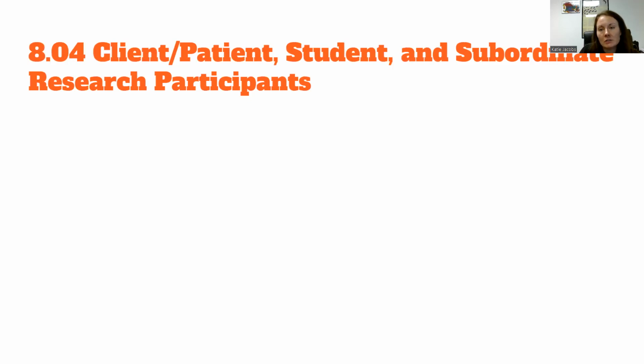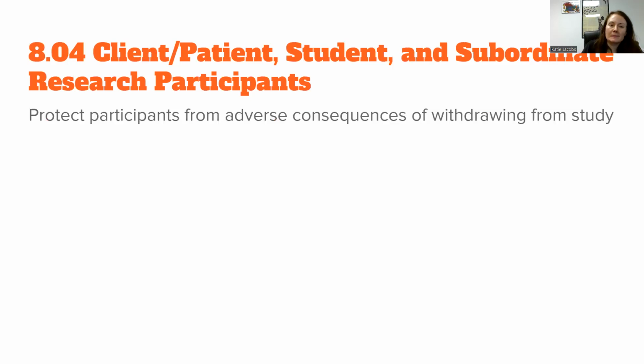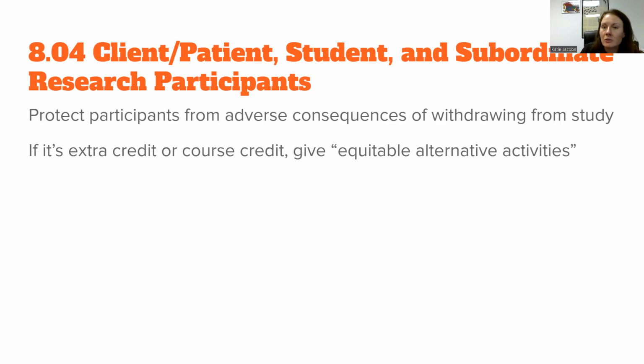8.04, client, patient, student, and subordinate research participants. This protects participants from adverse consequences of withdrawing from a study. So here at UCM, we use SONA to solicit student participation in the studies that we're conducting. And that is often for an assignment or extra credit in classes.